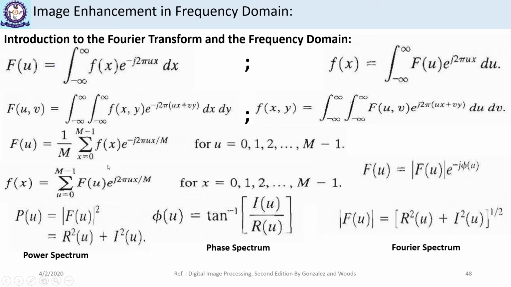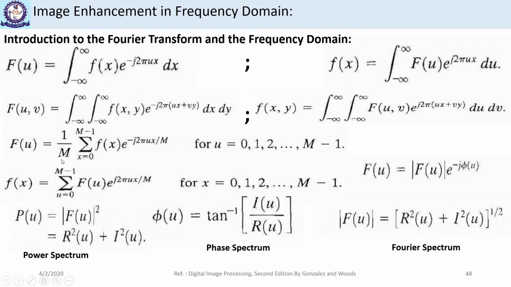So the size of the signal will be the same in the frequency domain also. Now the inverse Fourier transform of this F(u) can be given by this formula. That means using the inverse Fourier transform formula we get the original signal from the Fourier coefficients.